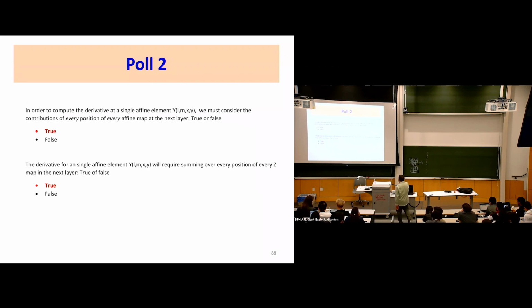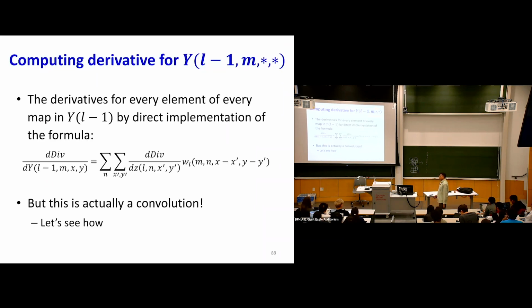In order to compute the derivative at a single element Y x y, we must consider the contributions of every position of every Z map in the next layer. The derivative for a single element Y x y will require summing over every position of every Z map in the next layer. So basically here is the formula that we have. To compute the derivative with respect to Y x y, we're going to be summing over all of the output channels.